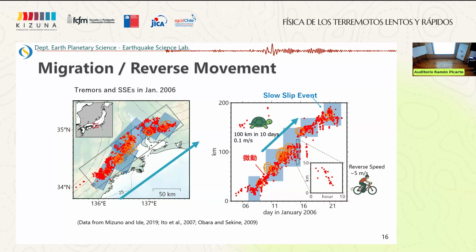But if we compare this with earthquake rupture propagation speed, it is 3,000 meters per second. So even this movement is very slow compared to earthquake rupture propagation.